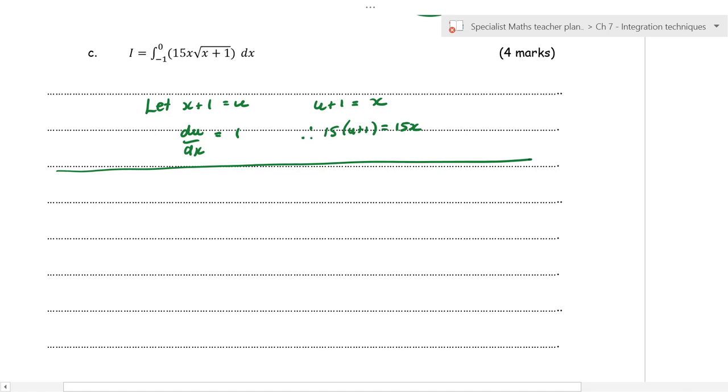We're also going to say that when x equals minus 1, then u is equal to minus 1 plus 1, which is 0. Yeah, u minus 1 is equal to x, so that means that 15x is going to be 15 times u minus 1. Cool? Okay.